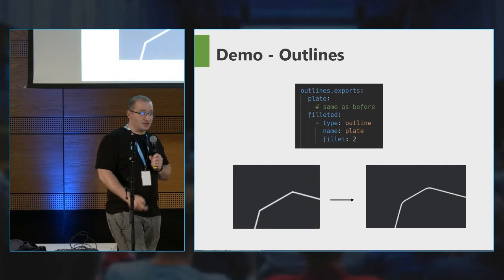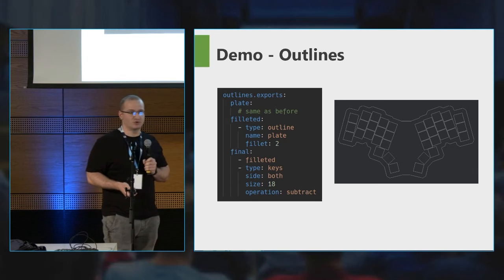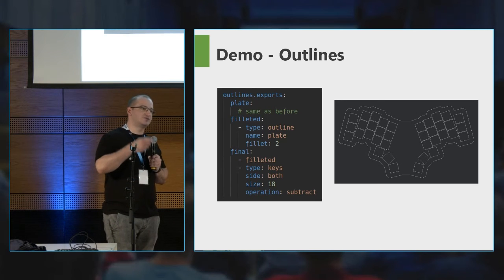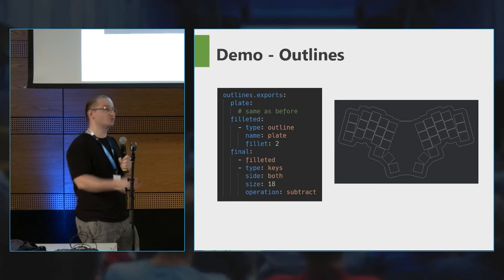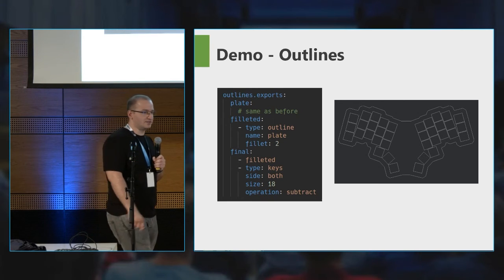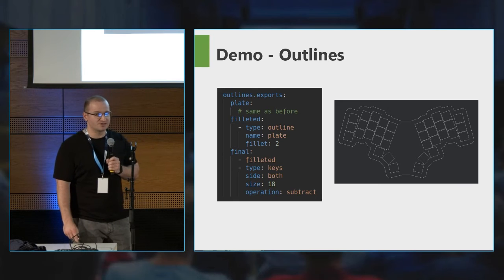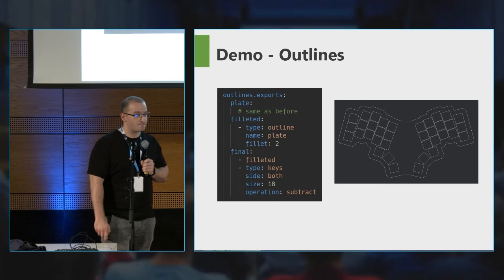And finally, if we subtract from this the original key positions, or more precisely, if we lay out 18 by 18 squares for the keycaps at each position and then subtract that from this shape, then we get a file that is remarkably similar to what I submitted to the laser cutters when I tried to get this made.